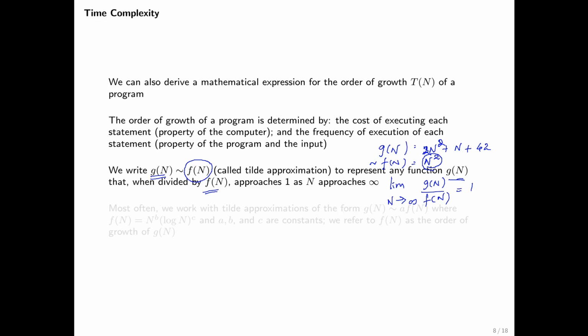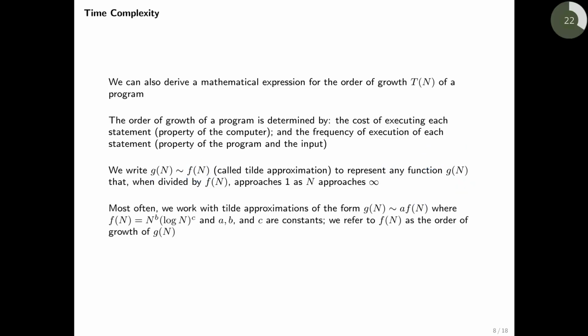So that's one definition, that of tilde approximation. Then we are going to work with tilde approximations of the form g of n approximated by a times f of n, where f of n is going to typically have this form: n to some power b times log of n to some power c. All these a, b, and c are constants.